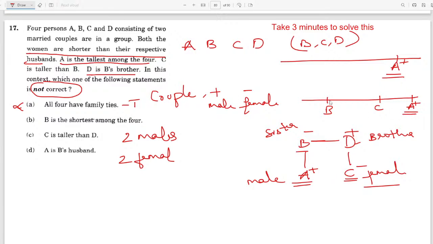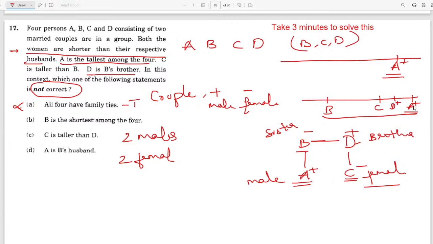C is taller than B. And D should be somewhere here, because C is the wife of D. So C should be shorter than D because of the statement that the women are shorter than their respective husbands. So D is the husband of C, so D has to be taller than C. So D would be here. So this is the relative height of all the four people.